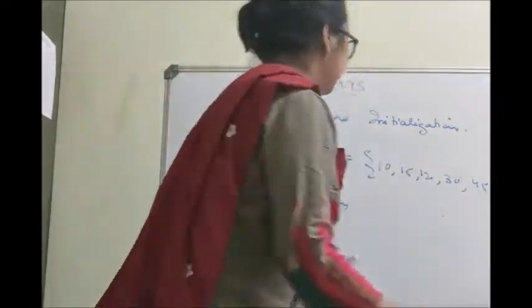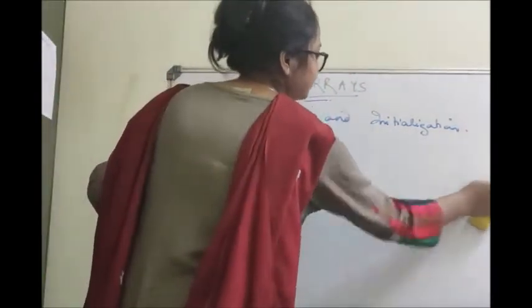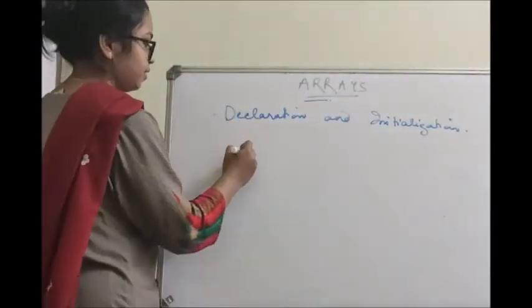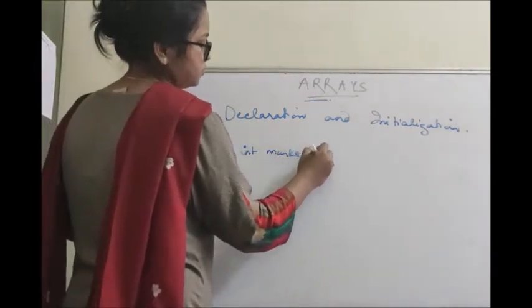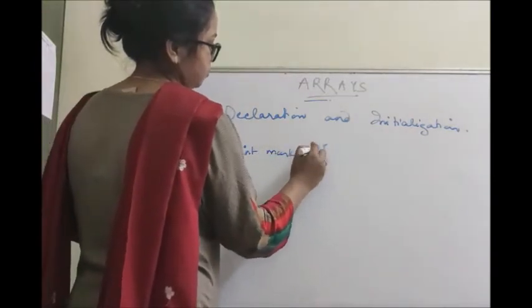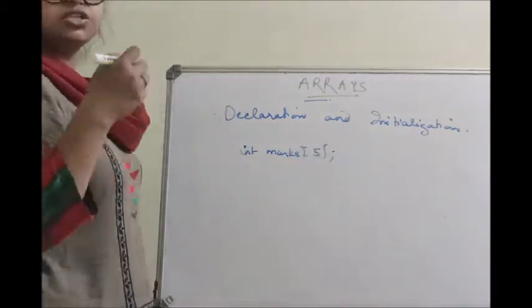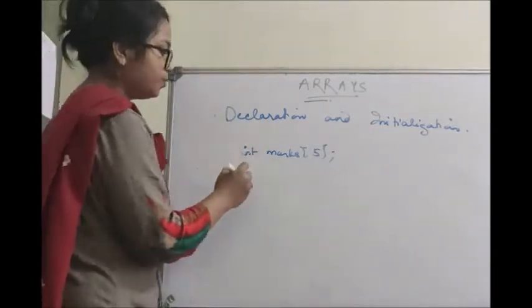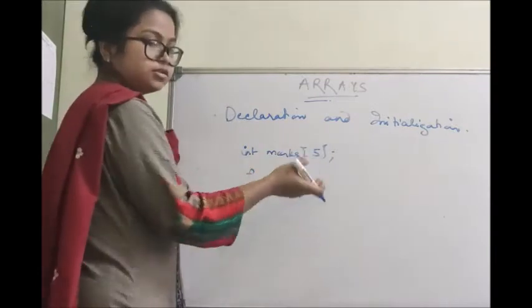Similarly, another way of declaring is int marks, suppose 5 marks we want to store. Then you can initialize in however way possible. Suppose in a loop you want to take the marks from the user.